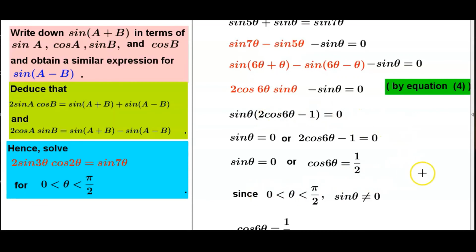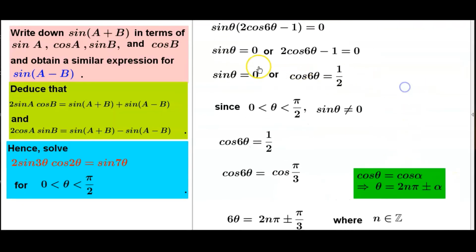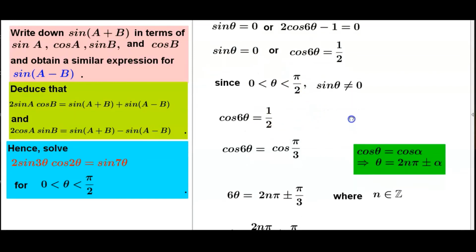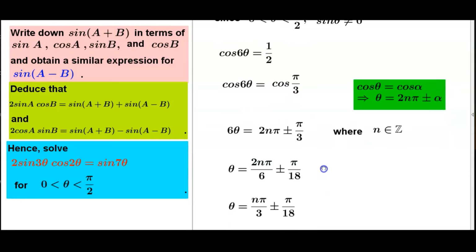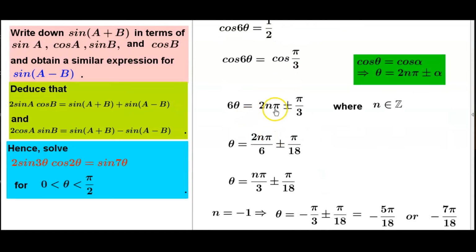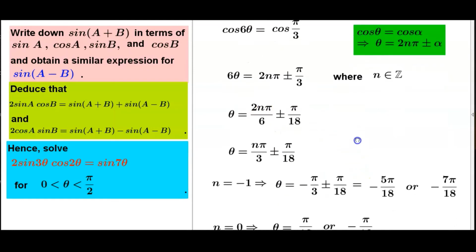Then we got two values: sine theta is equal to 0, or cos 6 theta is half. Sine theta equal to 0 is a contradiction. Therefore, cos 6 theta is equal to half. Then when we solve, 6 theta is equal to 2n pi plus or minus pi by 3.